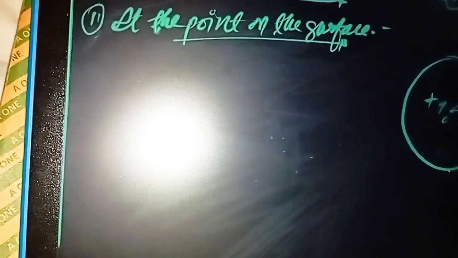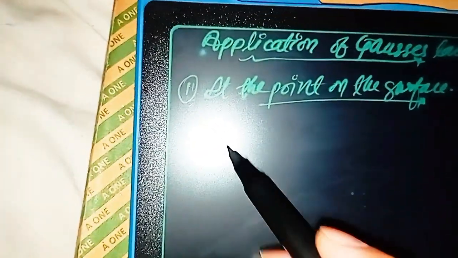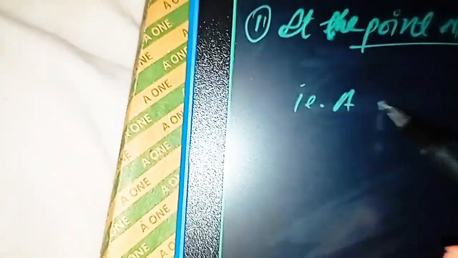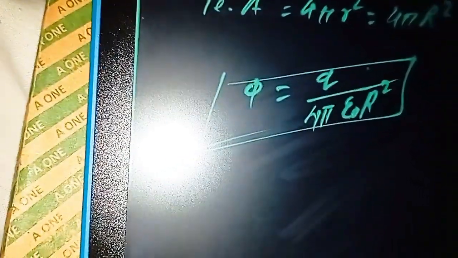When the point P lies on the surface of the charge sphere, the Gaussian surface area would be equal to that of the charge sphere. That is, area A will be equal to 4 pi r square, which is equal to 4 pi capital R square. Then we can say E is equal to q by 4 pi epsilon naught capital R square.